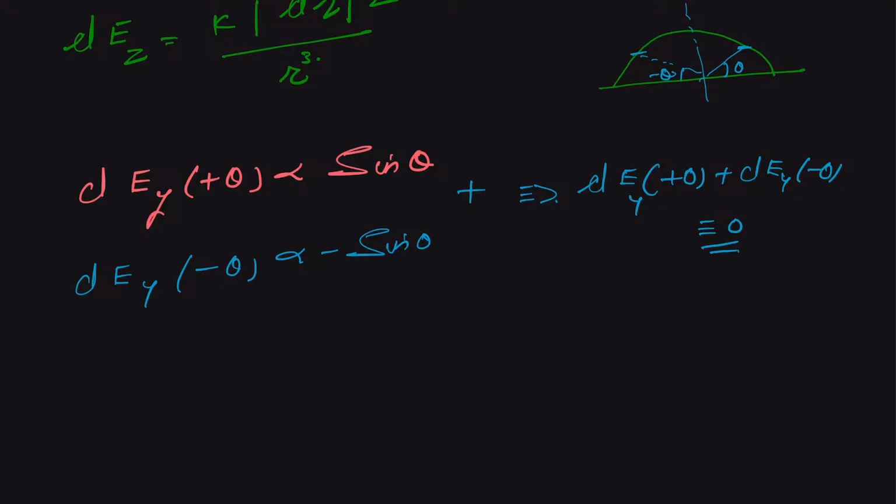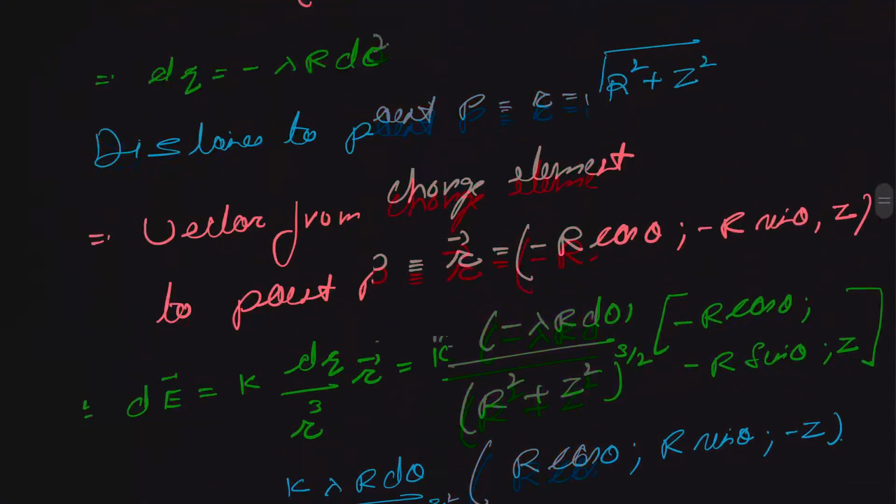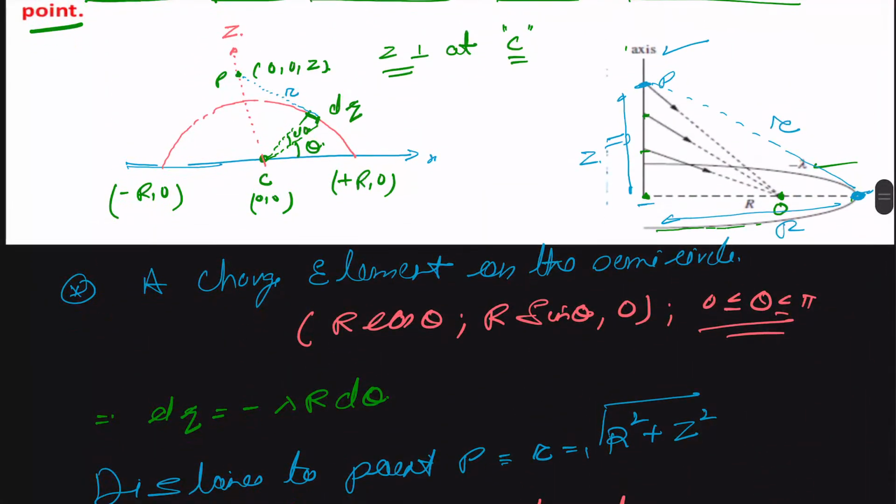From the figure also it is quite clear, but we have to remember that with respect to point P, they also have to be symmetric. So this is point P, and from the left side this should be our distance r, and on the right side also we are going to have this distance r.